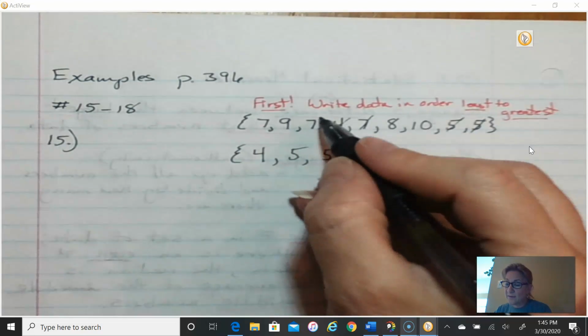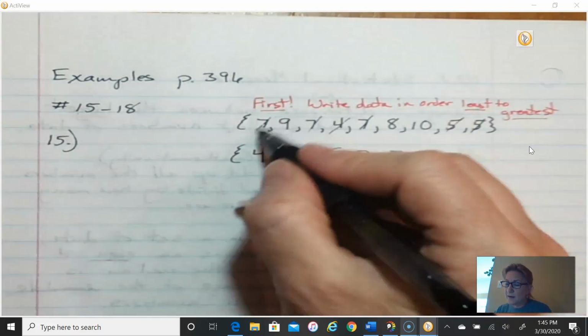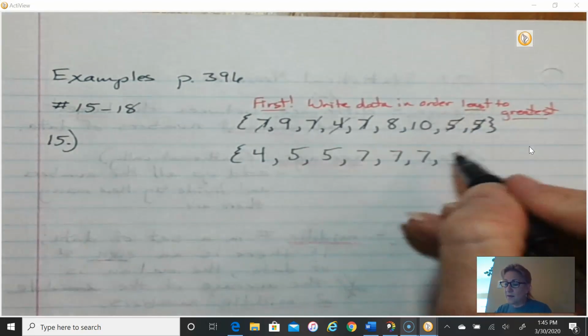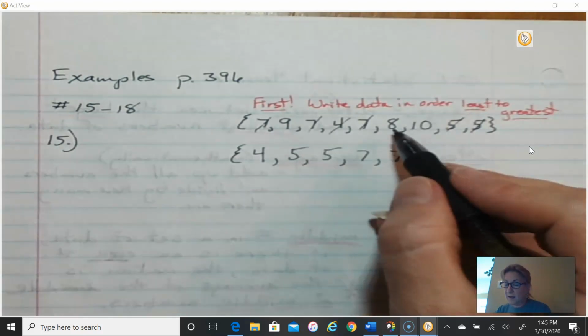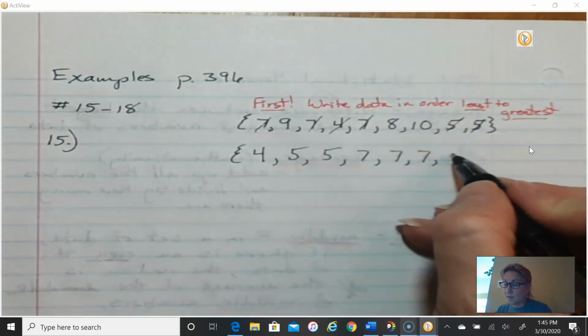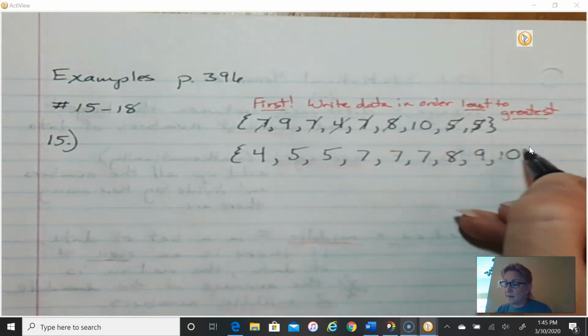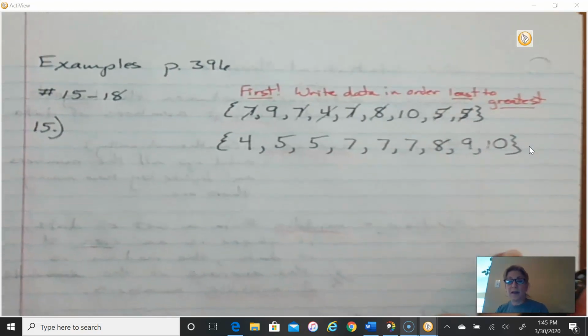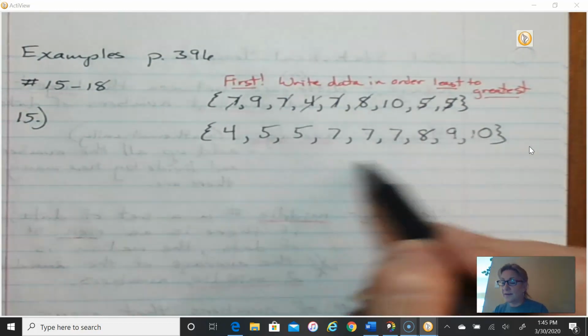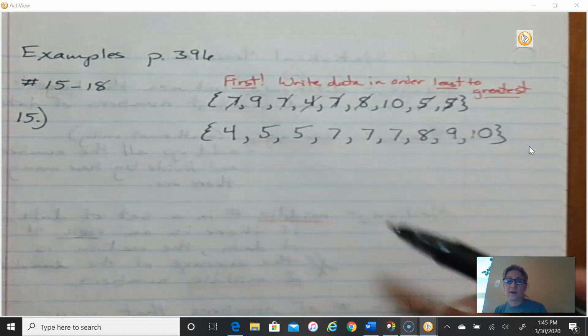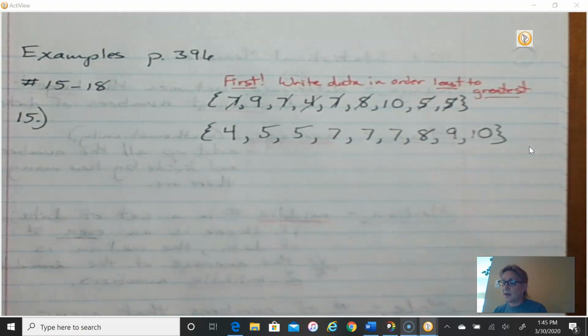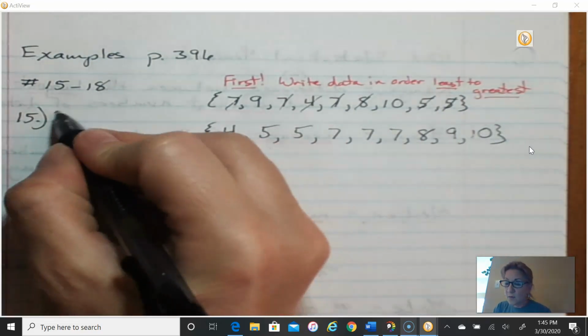Cross them out, guys. 7, and then 7. Then we are left with 9, and 8, and 10. So the next ones will be 8, 9, and 10. Okay, so now we have written the data from least to greatest. All right, so number 15, they want the range.